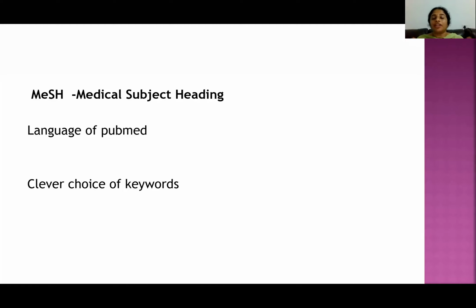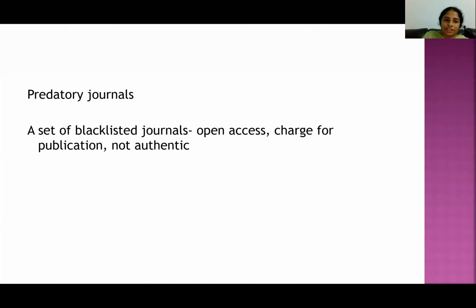But PubMed has a language: in PubMed, what is thyroid cancer called? You have to find that particular word, which is called a medical subject heading. If you use that while searching, PubMed will give you faster and better answers. That is MeSH.